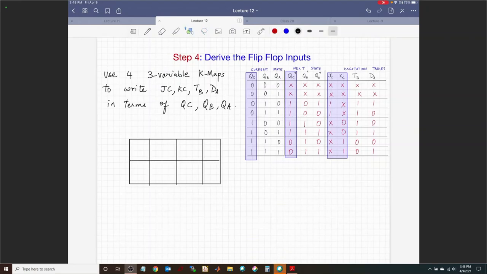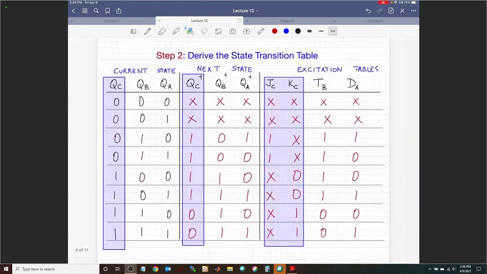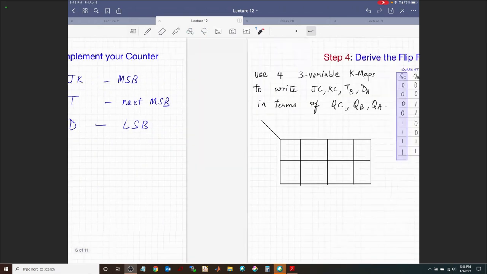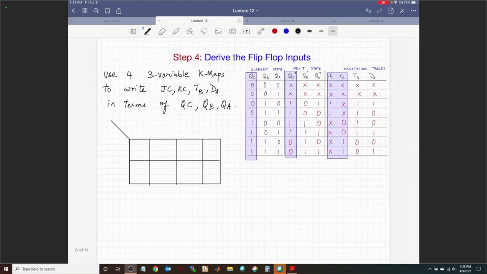Do I need to do it for JC? JC is 1, right? Yeah, that's right. X X 1 1 X X X X. I don't even need to do it for JC. JC equals 1, that's the simplest form.